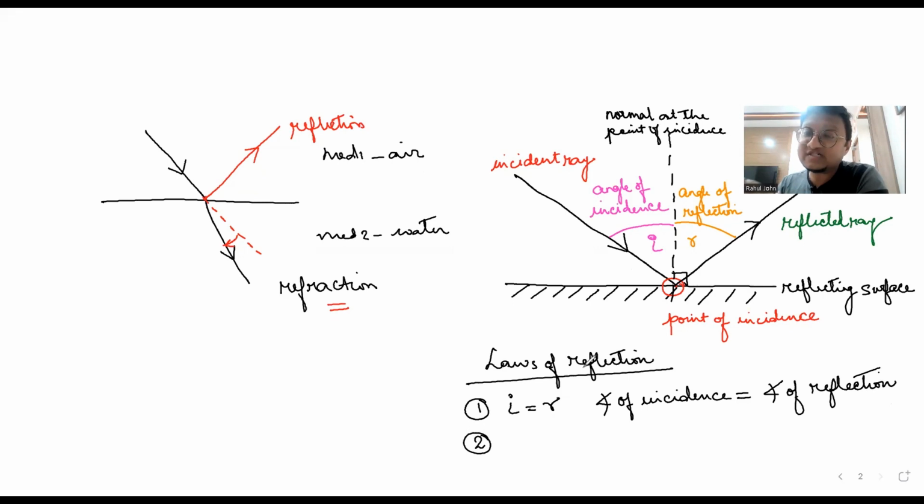This is a universal law. It will hold true at all times. So I will always be equal to R.